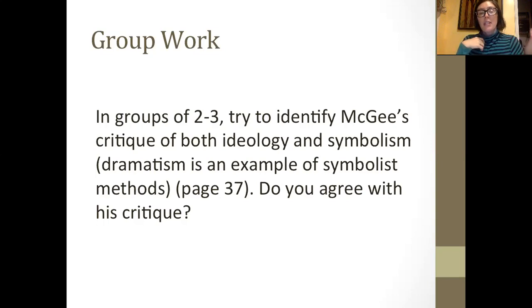And he believes that people who study ideology are too focused on the abstract, the idea of power and everything happening way up here. And dramatists or symbolists are too focused on down here at the individual level. They're too focused on why one person does the thing that they do. And so that's his critique of each one.